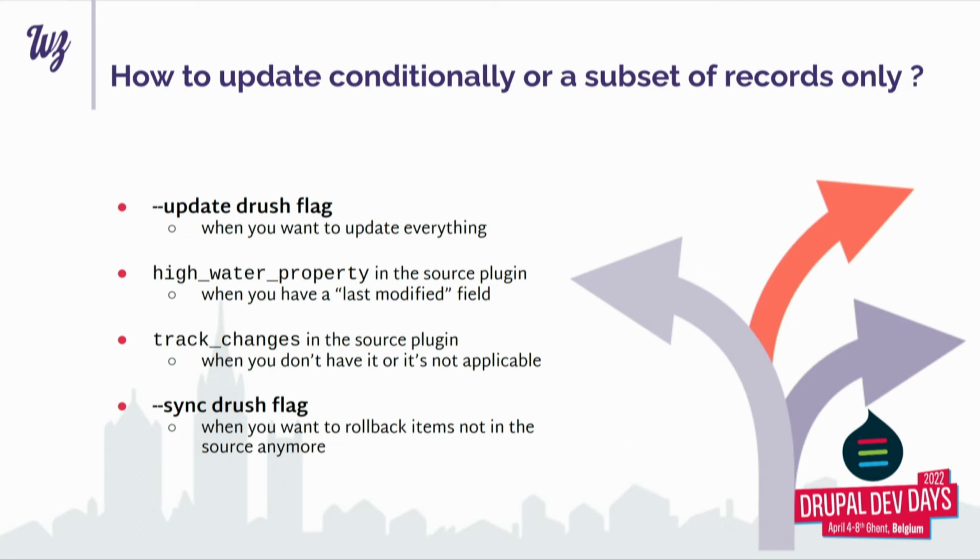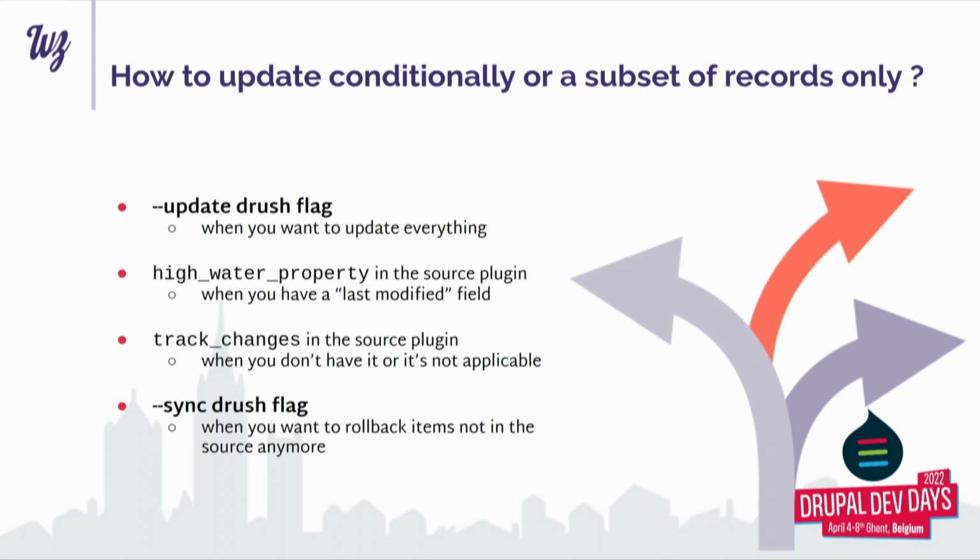Then you have the highwater property, which you can use when you have the last modified date for each row coming from your source data, but it's quite finicky, and if you want to use it without exactly what it wants, you will have to write custom code for it.